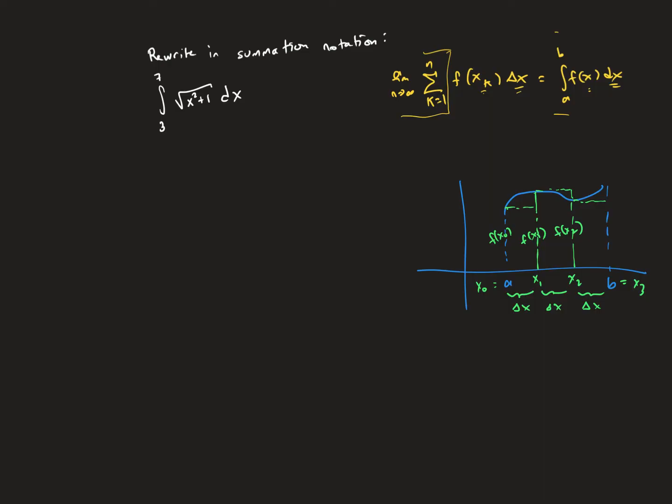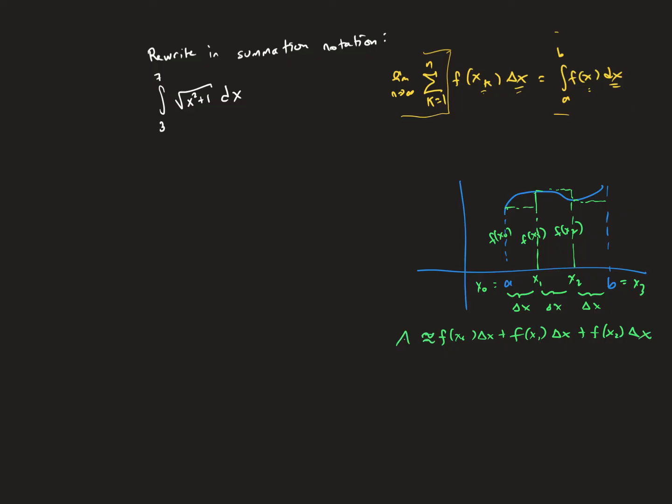All right. So if I were writing this sigma out, it would be the sum of f of x sub 0 times delta x plus f of x sub 1 times delta x, f of x sub 2, and all this should look familiar.